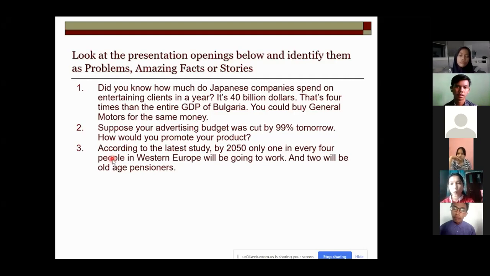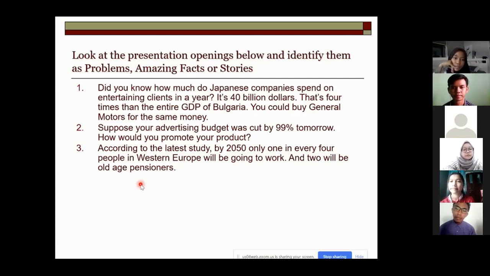Next, what about number 3? I'll read it for you. According to the latest study, by 2050, only 1 in every 4 people in Western Europe will be going to work, and 2 will be old age pensioners. So what kind of opening presentation is it? Problems, amazing facts, or stories?